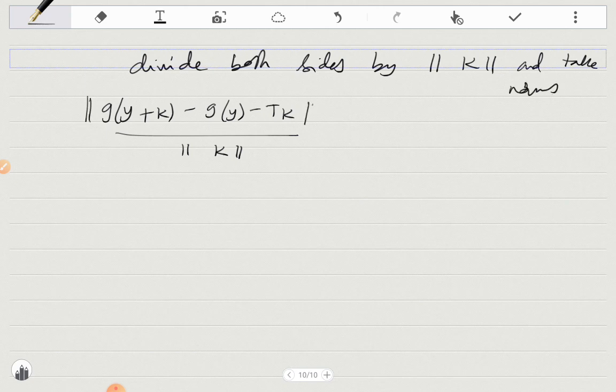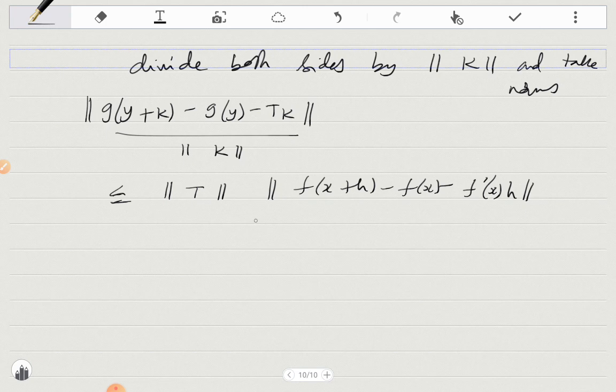The norm of this is less than or equal to norm t times the norm of f of x plus h minus f of x minus f prime x h, divided by norm k.